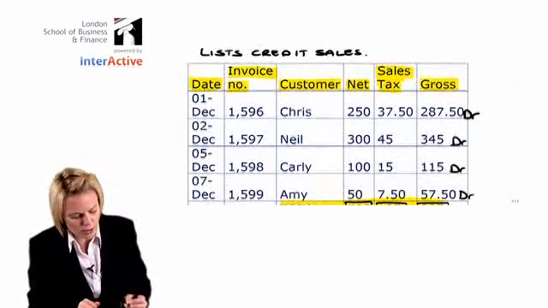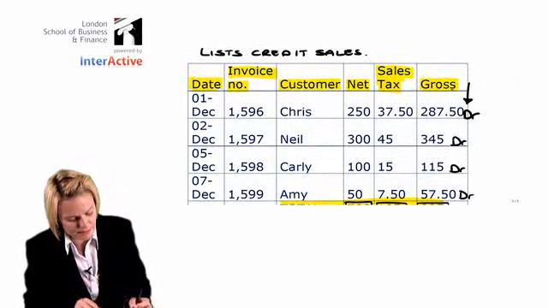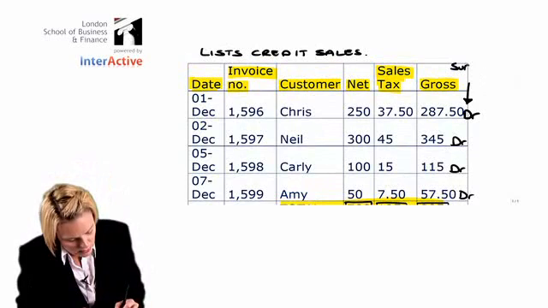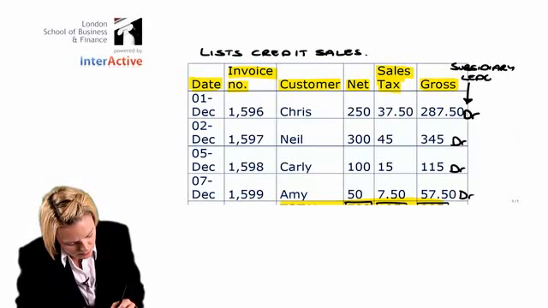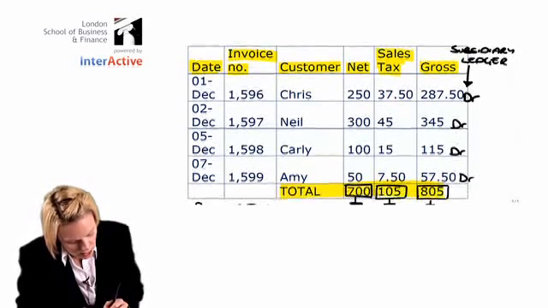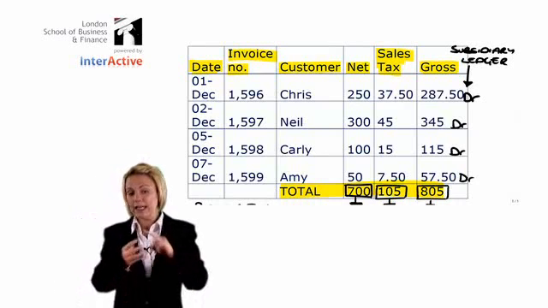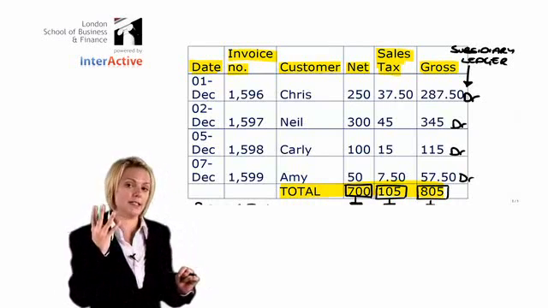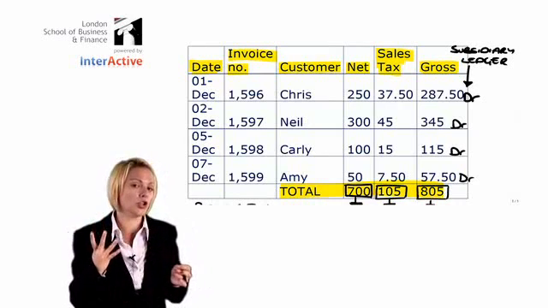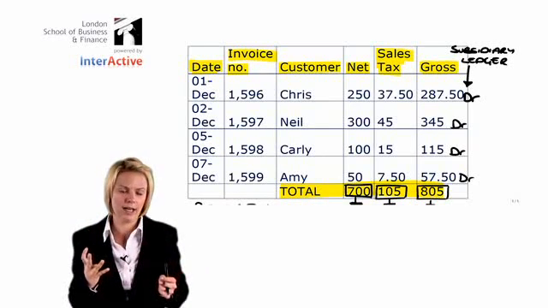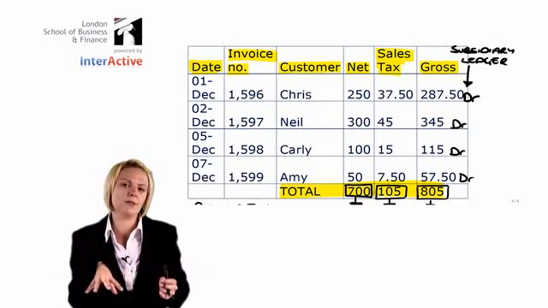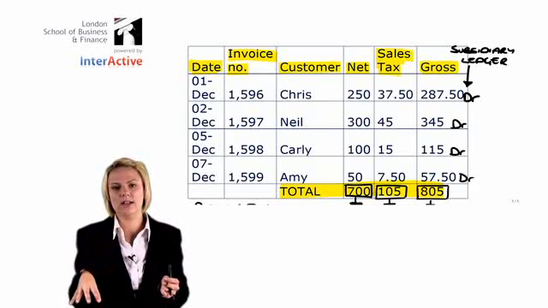And those individual amounts will be posted to the subsidiary or individual ledger. Okay. So we're going to break down that $805 debit in the control account into 4 individual debits into each individual customer account. Okay. And that's why the subsidiary ledger is single entry.